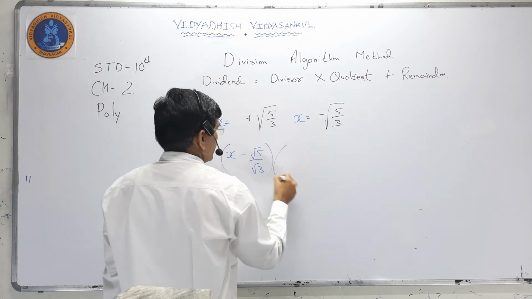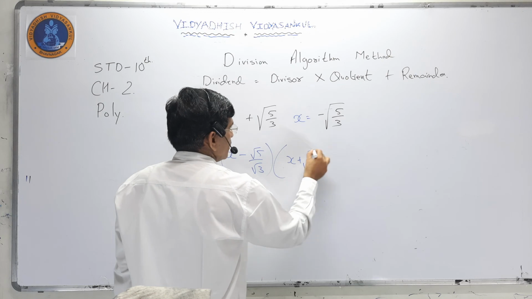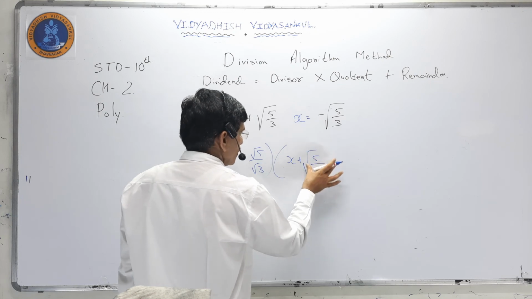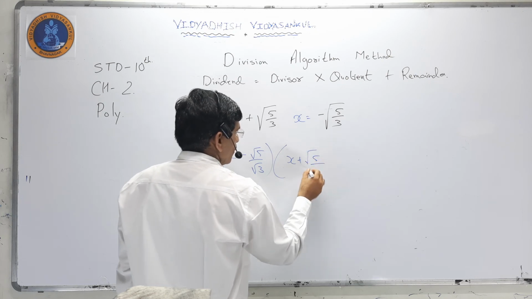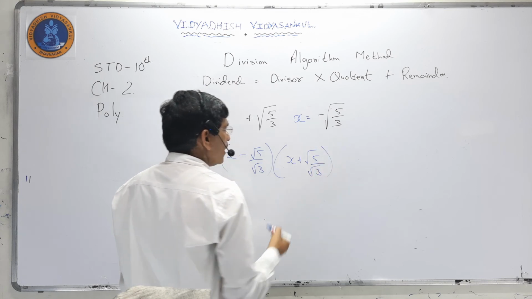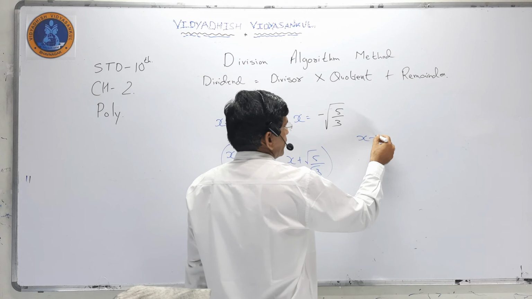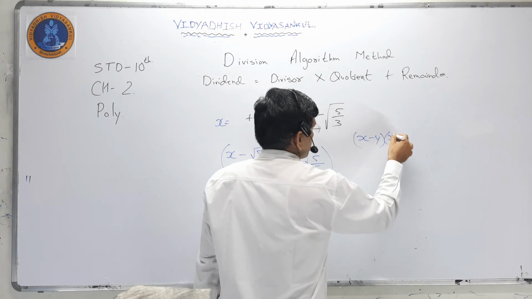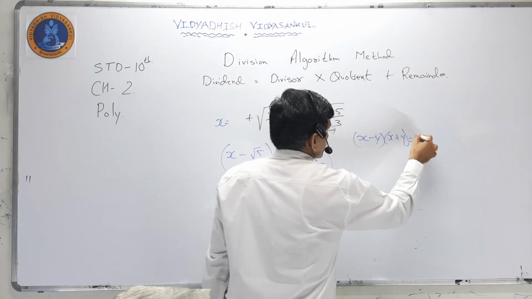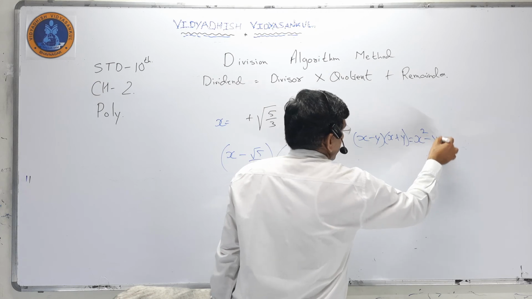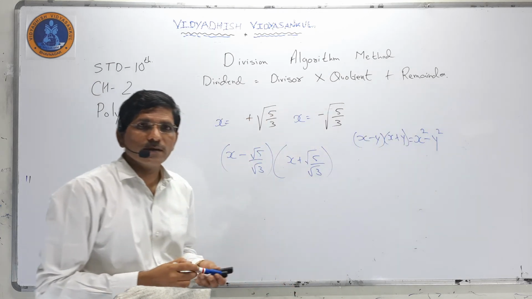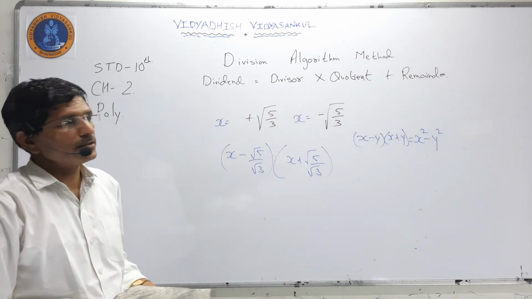again here x plus root 5 upon root 3. Now difference of squares, we already know in 8th and 7th standard, x plus y, x minus y, I will get x square minus y square.